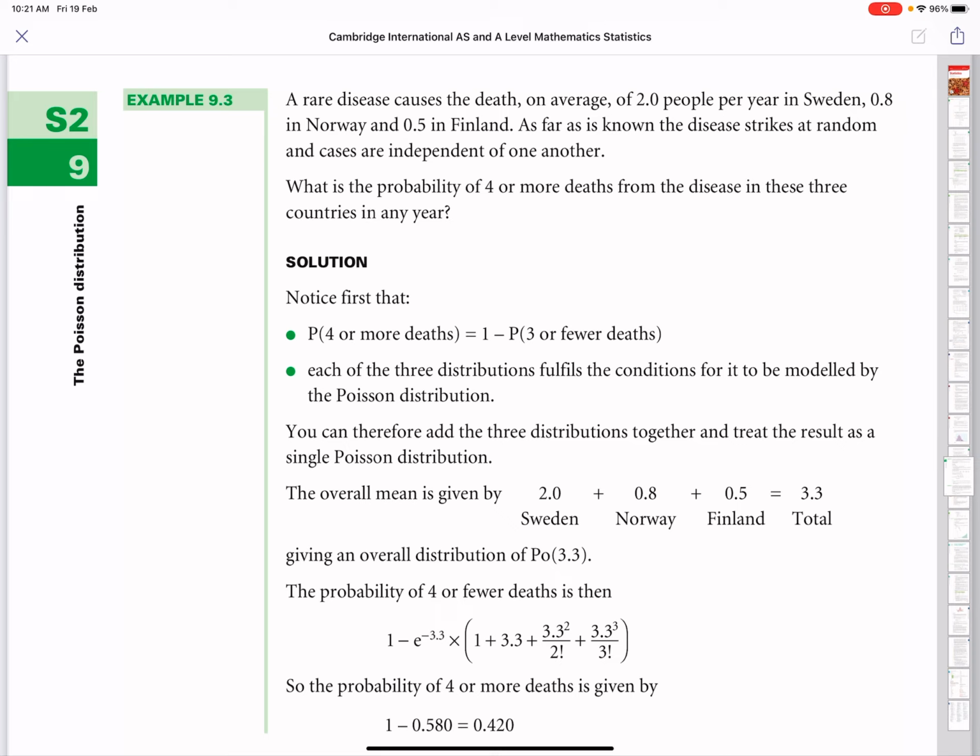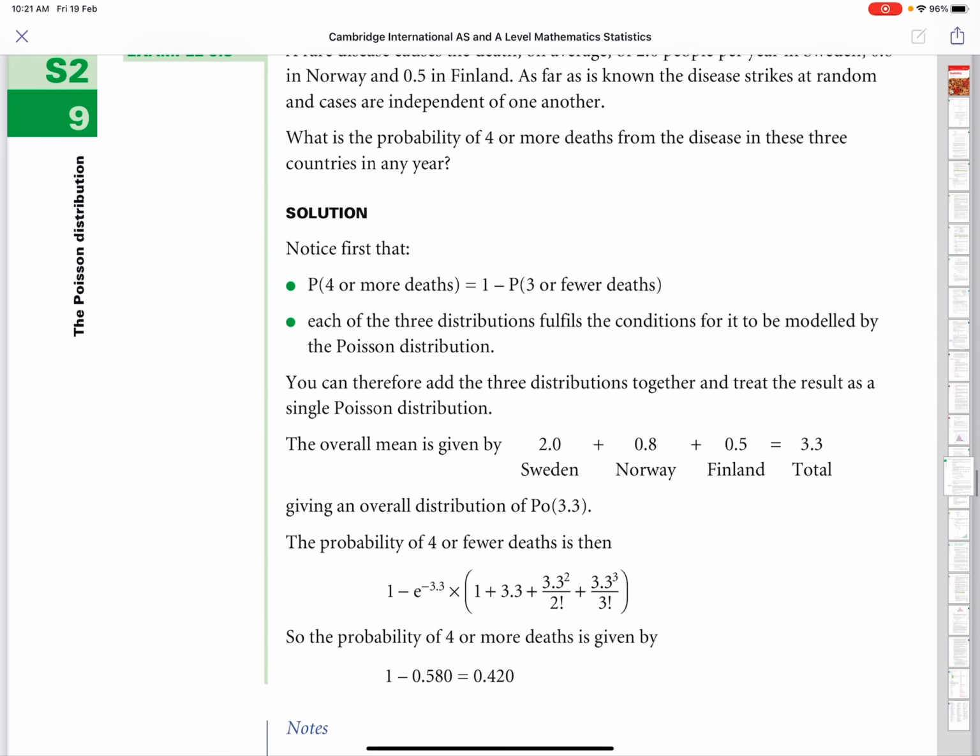So it says a rare disease causes the death on average of 2 people per year in Sweden, 0.8 in Norway, 0.5 in Finland. As far as is known, the disease strikes at random and cases are independent of one another, unlike something else which is going on at the moment. What is the probability of 4 or more deaths from the disease in these 3 countries?